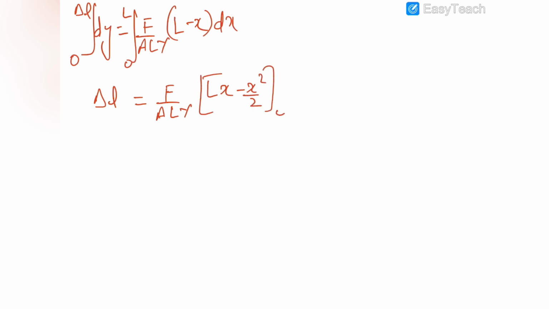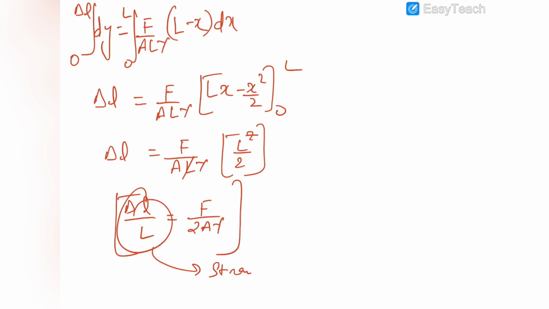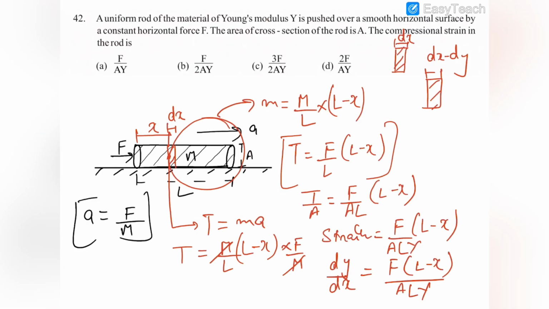The limit would be from 0 to L. So delta L will be equal to F upon AL gamma, and this would be L square by 2. So you can see that cancelling L with L, delta L by L is equal to F by 2A gamma. So this is the strain developed, and therefore the correct answer will be option number B.